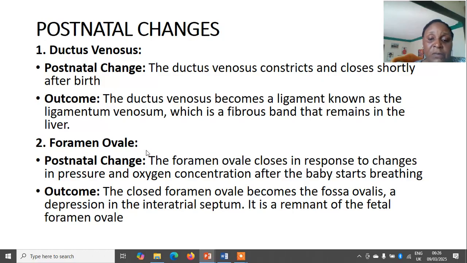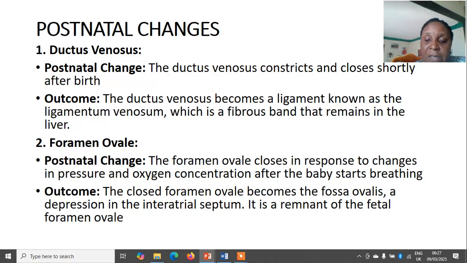Then the foramen ovale will also close in response to the changes in pressure and oxygen concentration when the baby starts to breathe. And the foramen ovale will become the fossa ovalis, which is a depression in the interatrial septum.